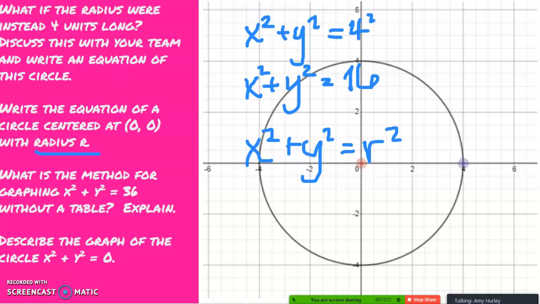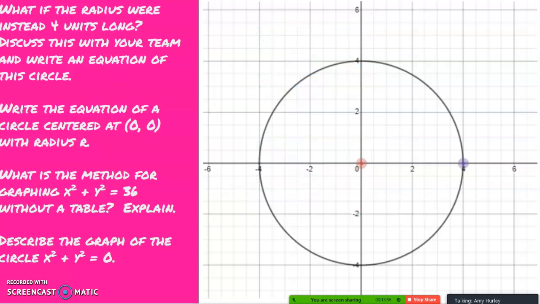That is the equation of a circle centered at the origin that has a radius of r. Knowing that this is the x coordinate, this is the y coordinate, and this is your radius, we can graph any circle without making a table of values.